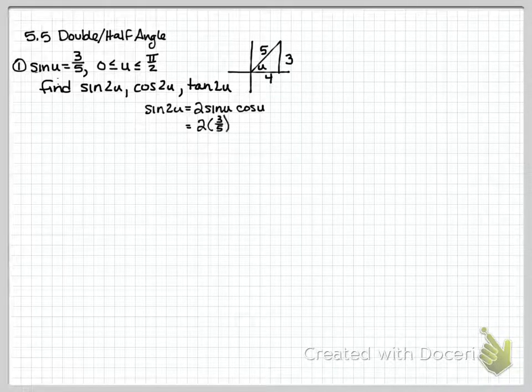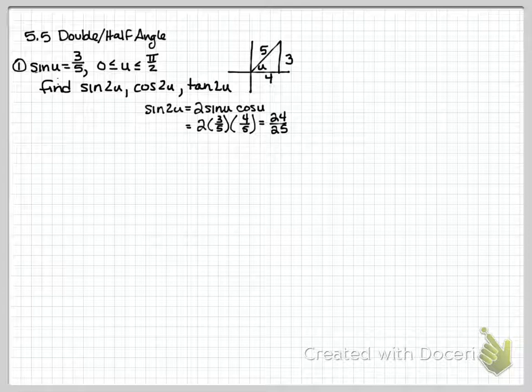And this is where my triangle comes in. The cosine of u is 4/5. Now just multiply them together. Our 2 is actually 2 over 1, so it's 2 times 3 times 4, and that's going to be 24 over 25. So the sine of 2u is 24 over 25.